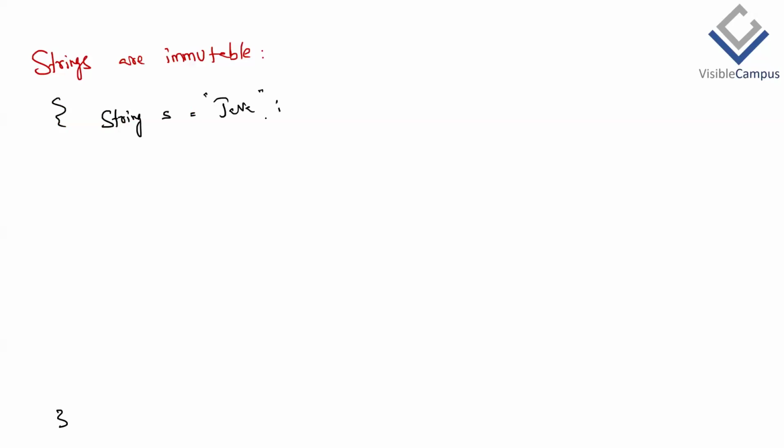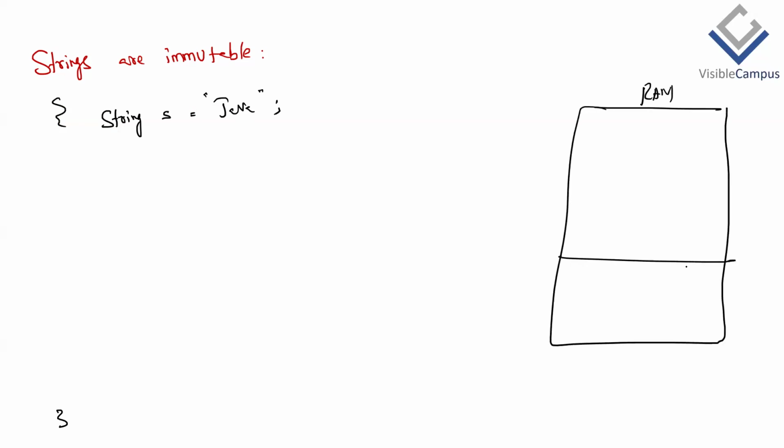Once the JVM executes this line, in which segment of memory will it be created? In the string constant pool, the object Java with some random address, and in stack, S1 holding the same address, 0x100. This we know just now.